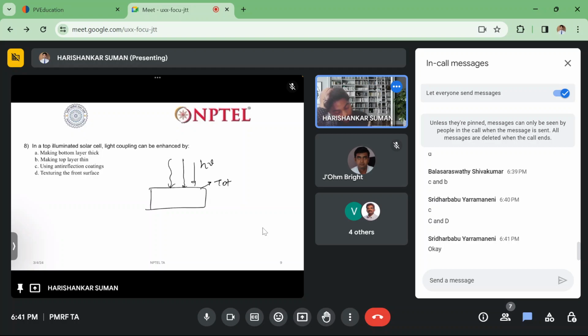So coupling of light to the material can be enhanced by, let's say, bottom layer, top layer, absorbable material, also anti-reflecting coating, texturing, and anti-reflecting surface.